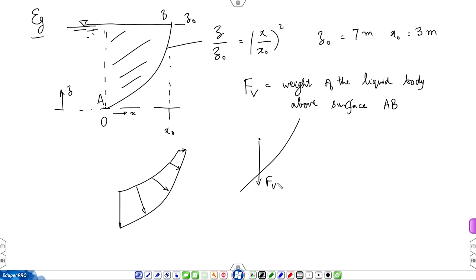And how much is this area? Well, you may remember some formula, otherwise you can quickly integrate. What is it? You take a strip x dz, integral over 0 to z 0, correct? Or you can take a vertical strip and say z dx going from x equal to 0 to x 0. So, I am sure you can find the area.